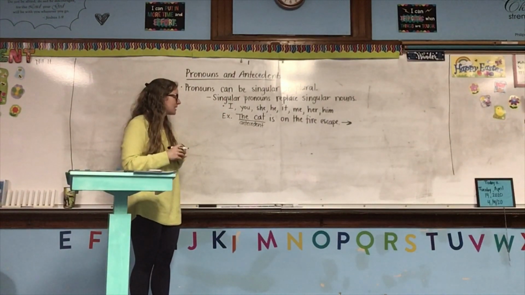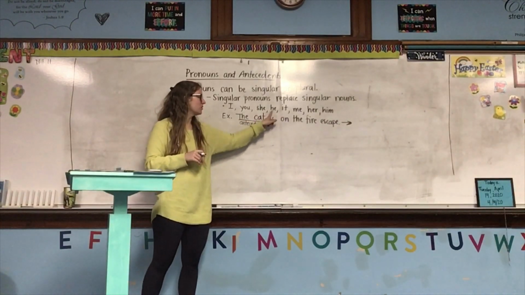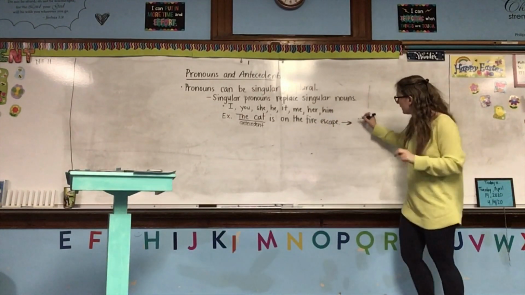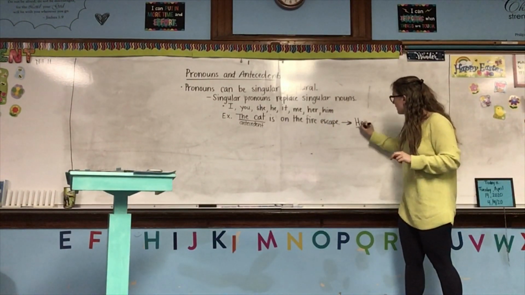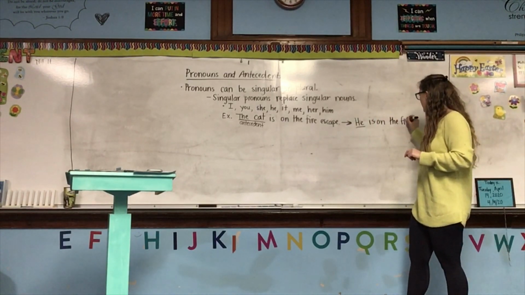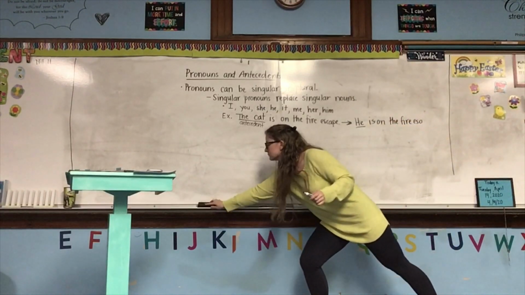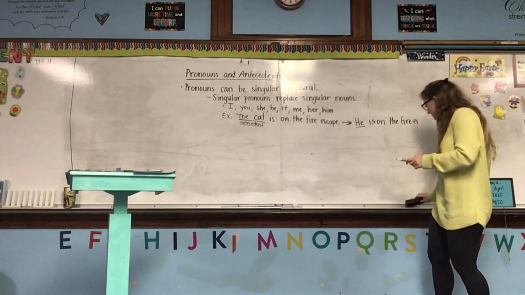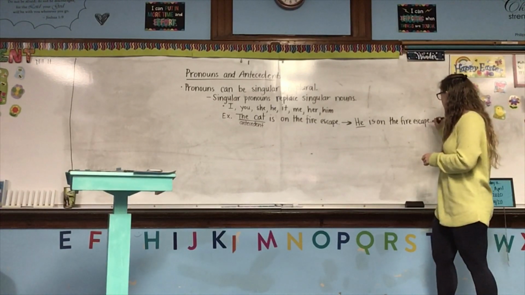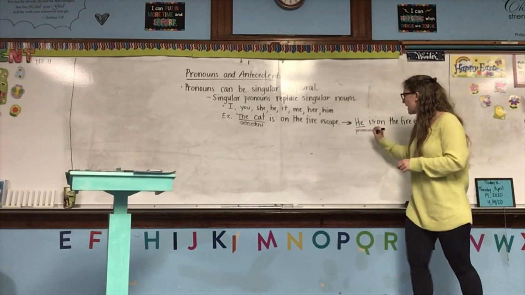Now let's pretend that this cat is a boy. We could either use it or we could use he. I'm going to go ahead and use he because we know he's a boy. He is on the fire escape. And so we replace the antecedent, the cat, with the pronoun he.